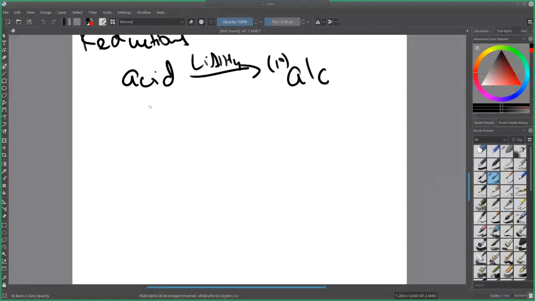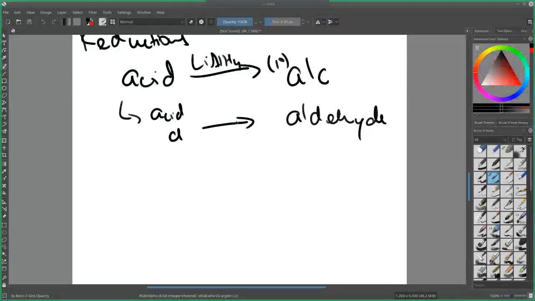But let's say that we want to go to an aldehyde. Well, this one you've seen before, although now you're relearning it, and now you are really supposed to know it for this chapter. If you have an acid, this is the least reactive possible thing, so going up in the reactivity series like that is kind of hard. What instead you'll do is take your acid, make it into an acid chloride, and then go to an aldehyde.